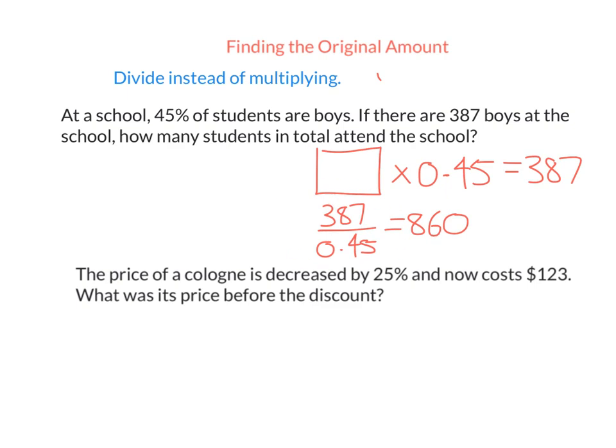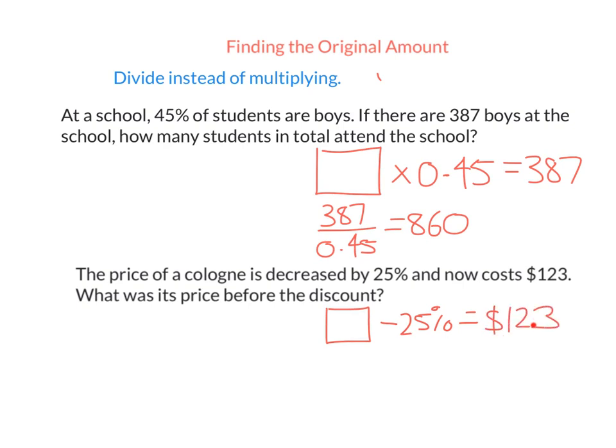So let's look at this question here, which is a bit harder. The price of a cologne decreased by 25% and now costs $123. What was the price before the discount? So what we're saying is we took the original amount, we decreased it by 25%, and we ended up with a final amount of 123.